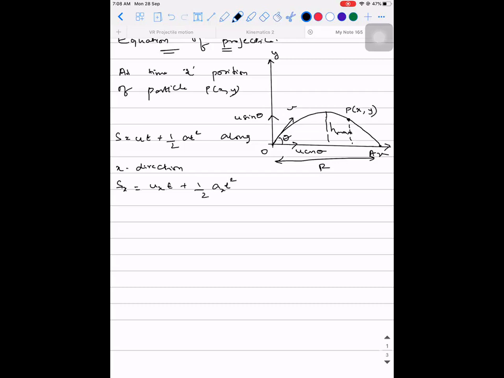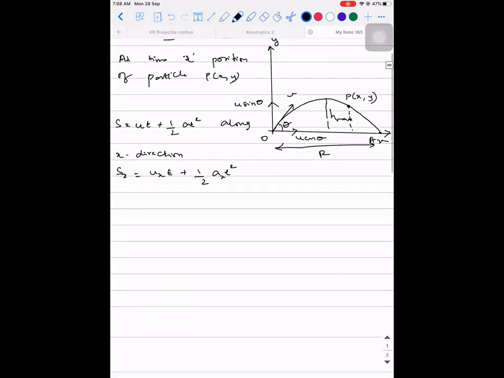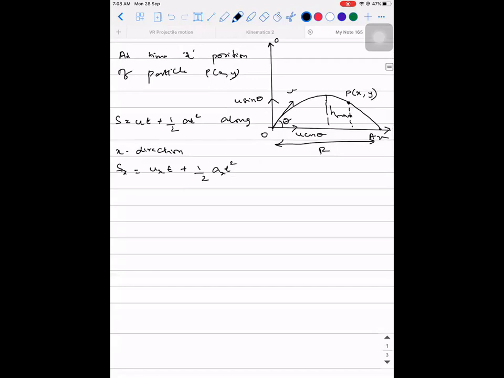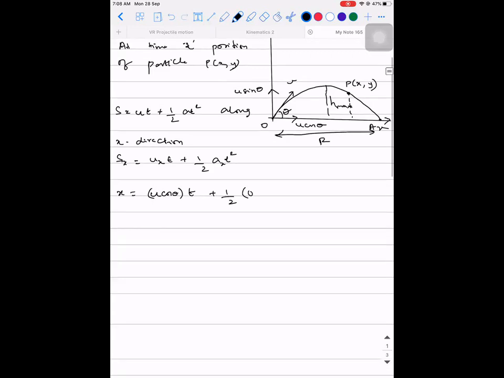What is the displacement along x? u cos theta into t. So x equals u cos theta into t plus half into acceleration along x direction, which is 0. That's right. It implies x equals u cos theta into t.